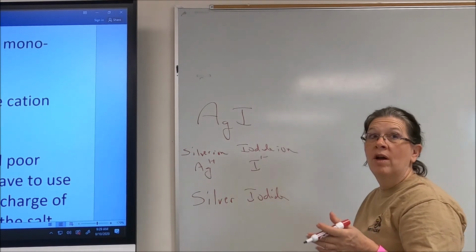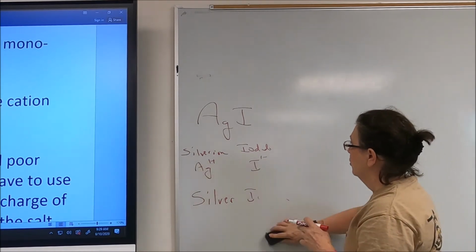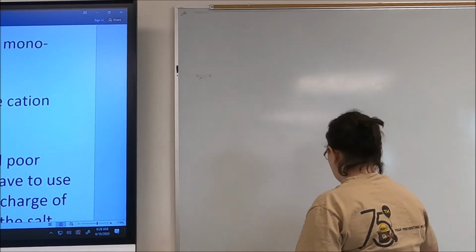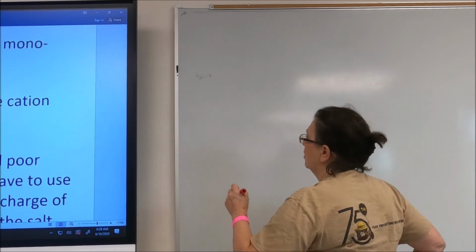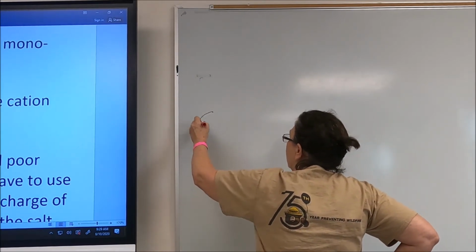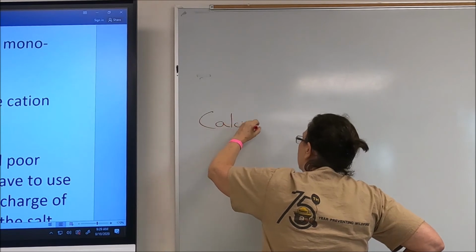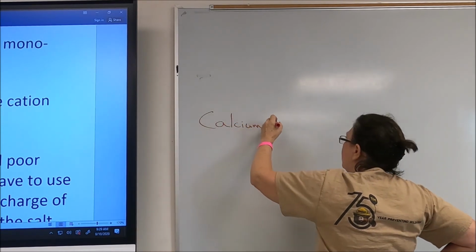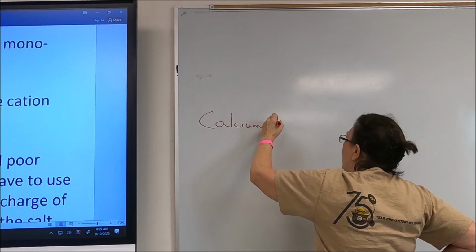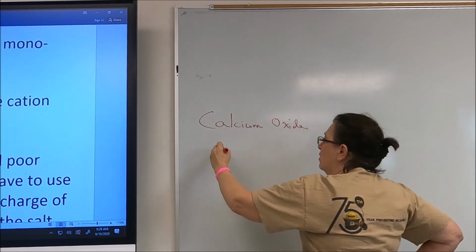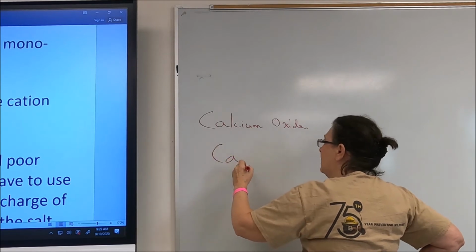Now, what we can do in one direction, we also should be able to do in the other direction. So let's put up some names here and figure out formulas. So if I had calcium oxide, well, the symbol for calcium is Ca.